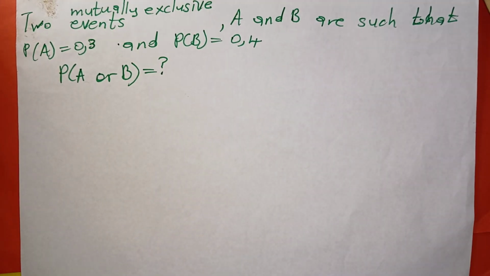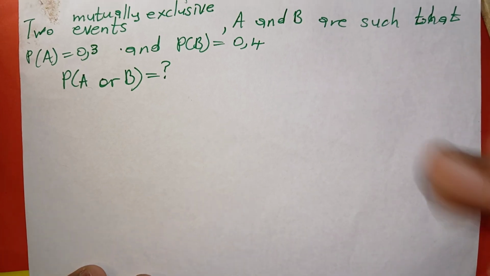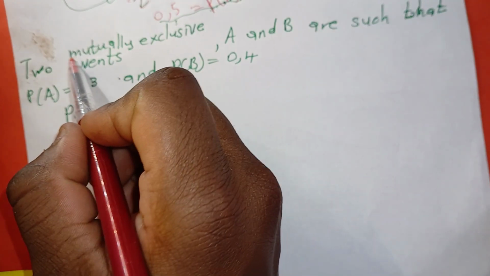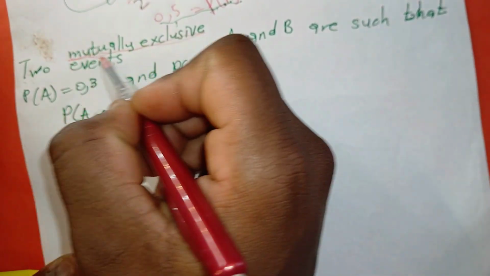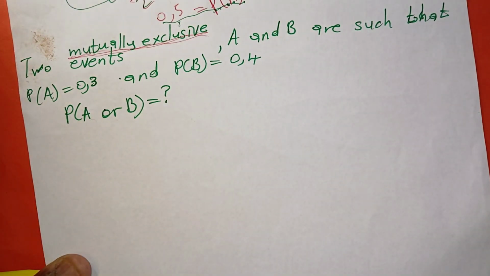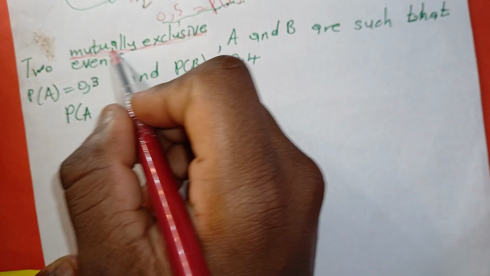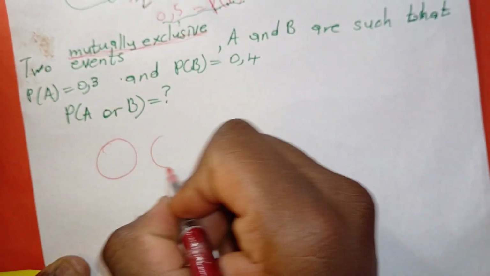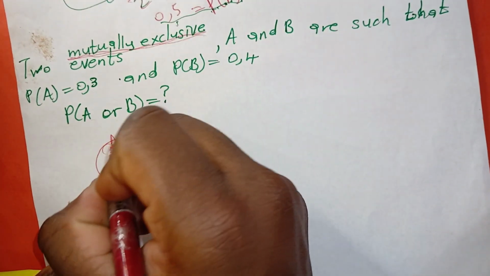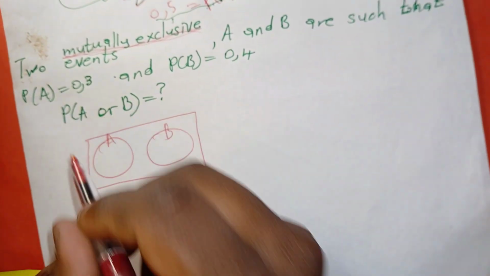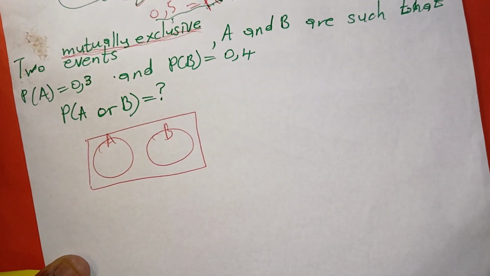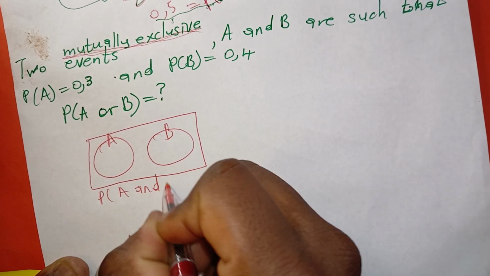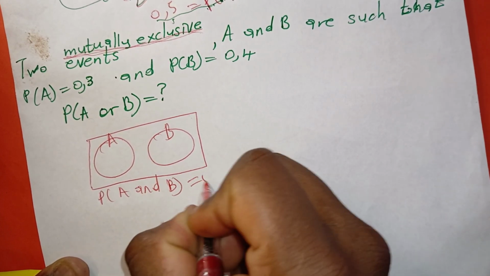So here's the next one, and this one seems to be tricky because we have this word mutually exclusive, and that word, guys, should not confuse you. The moment they say mutually exclusive, they are saying two events that cannot occur at the same time, meaning their intersection, their probability, will be 0.